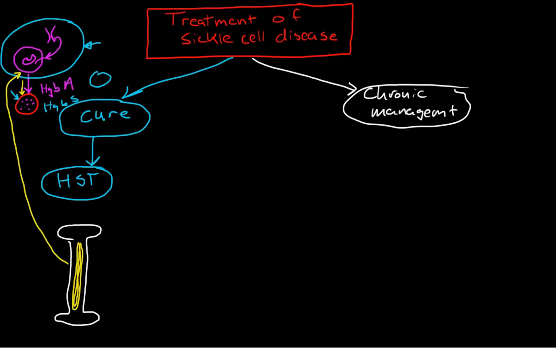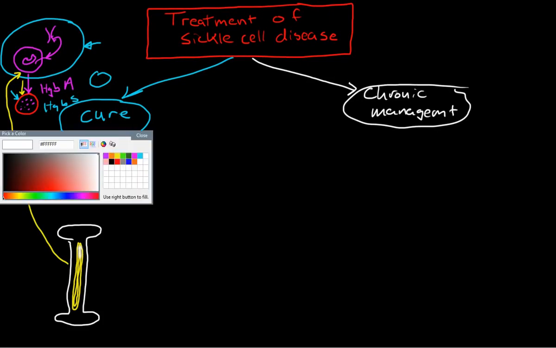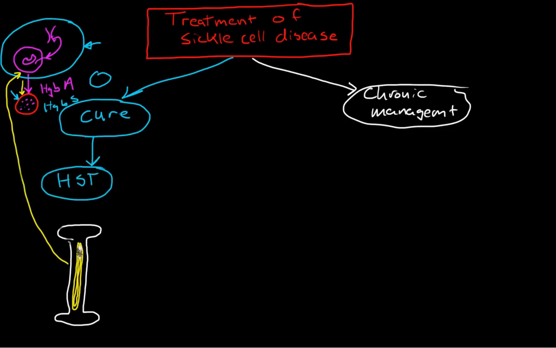So what happens in hematopoietic stem cell transplant is we give the patient a medication, chemotherapy, that ablates their marrow. And then we get some hematopoietic stem cells from a healthy donor.